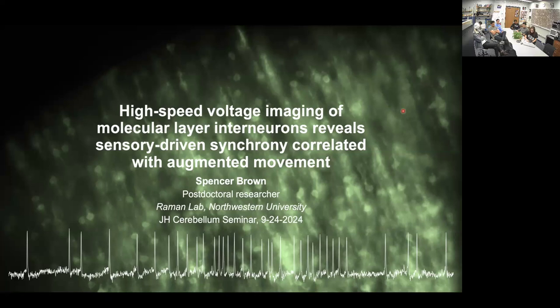In 2021, Spencer joined Mike Hauser's lab as a postdoc researcher at University College London, where he engineered a technique to perform simultaneous 2-photon calcium imaging and holographic stimulation of Purkinje cells while imaging hippocampal CA1 neurons. In 2023, Spencer rejoined the Raman lab to continue studies on cerebellar spike synchrony using novel voltage imaging techniques. Today, he will be teaching us about synchrony in molecular layer neurons.